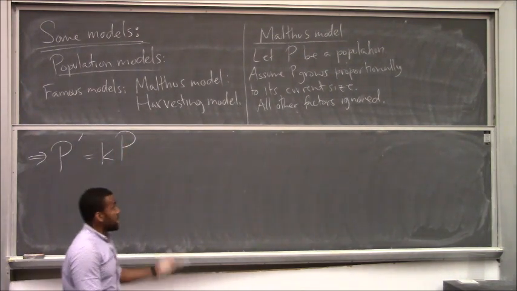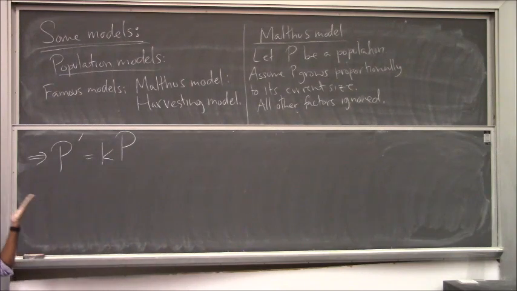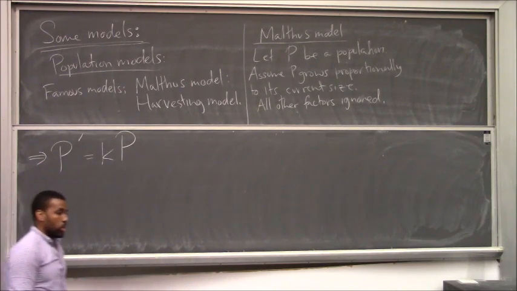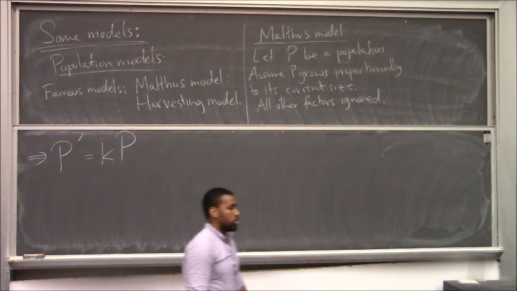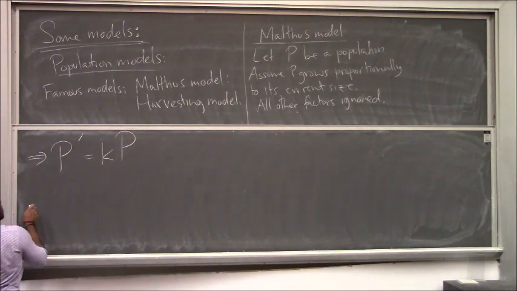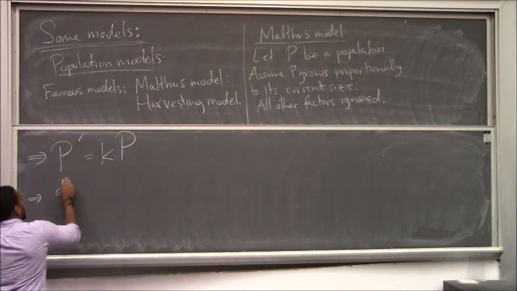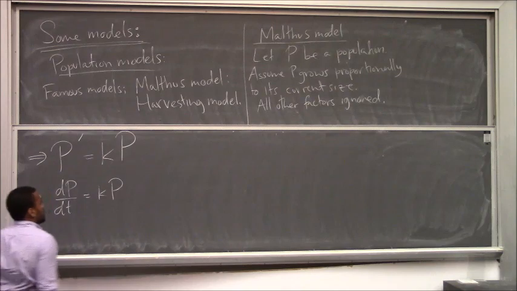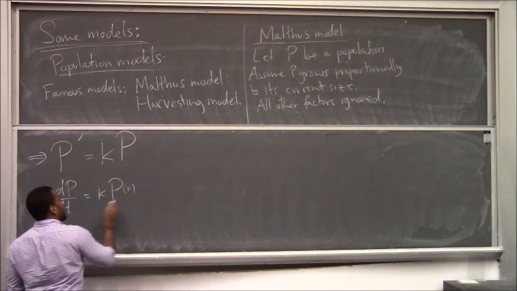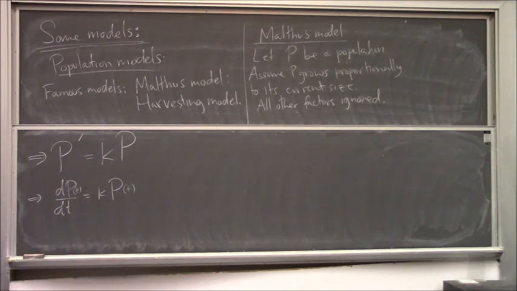If you were to write that assumption mathematically, you get a first order differential equation. Also, you would notice that it is a separable first order differential equation. This means basically dP/dt is equal to kP. And of course, P is just the size of the population at time t here. t is time.